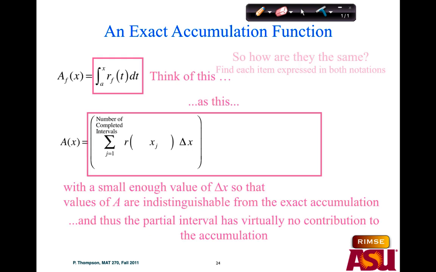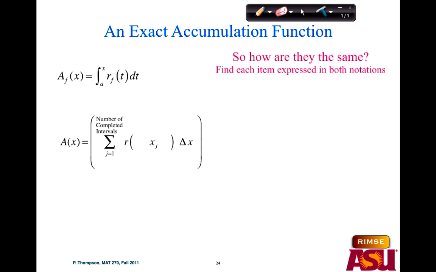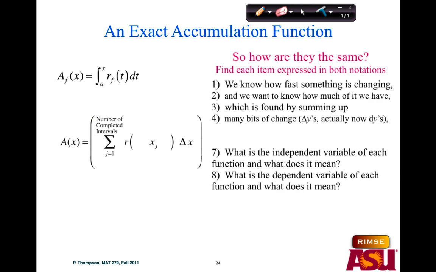Okay, so now I've got four questions for you. How are they the same? How do the notations have parallels? They're parallel notations, so we want to see how they're the same. In each of these two, you're going to identify where in both of them you see, number 1, how fast something is changing. And number 2, how much of it you have.